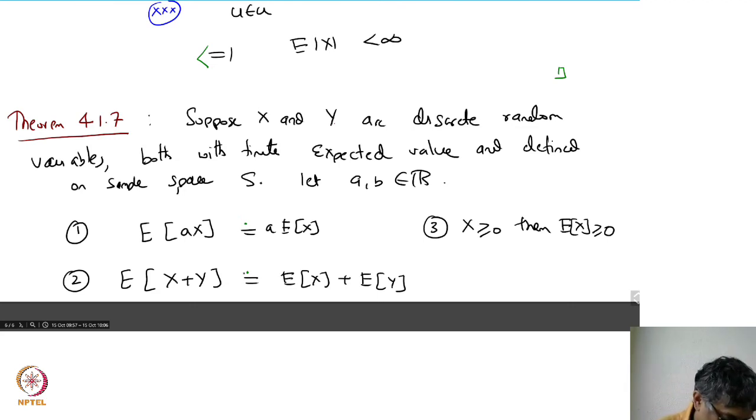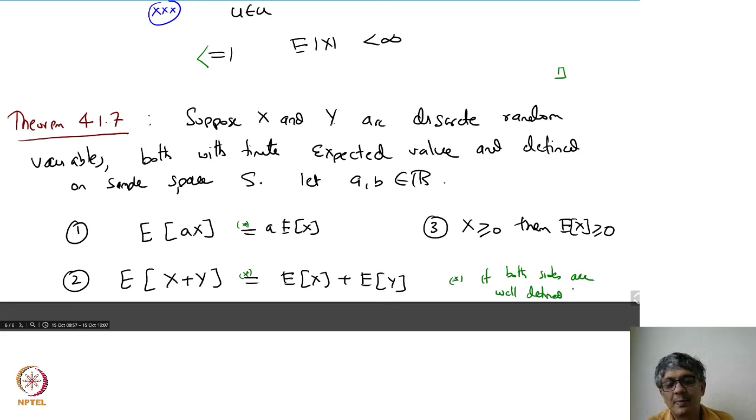So in these two cases, let's call them a star, if both sides are well defined, that's when you understand this.